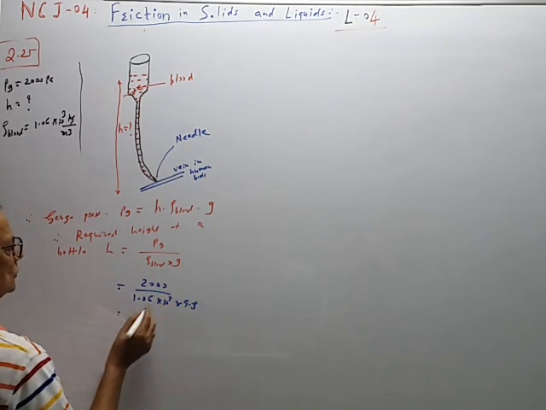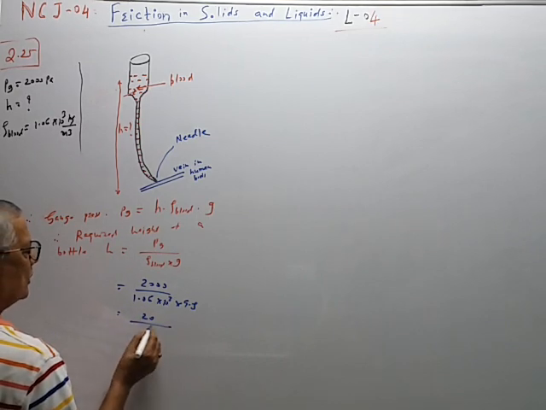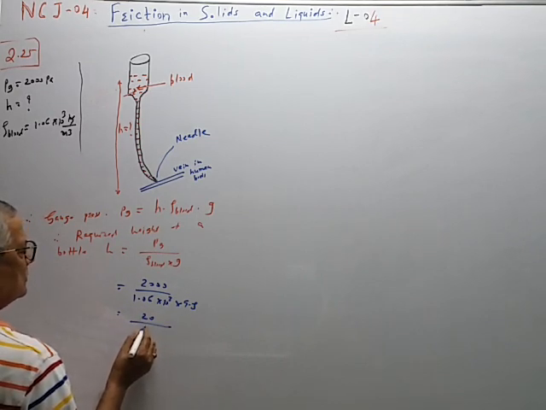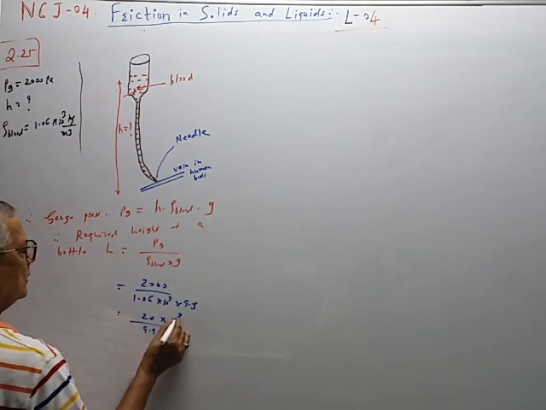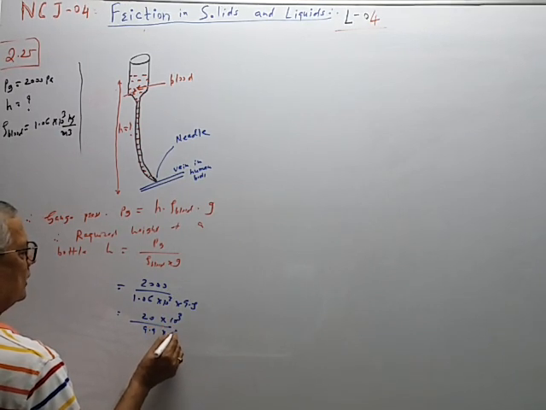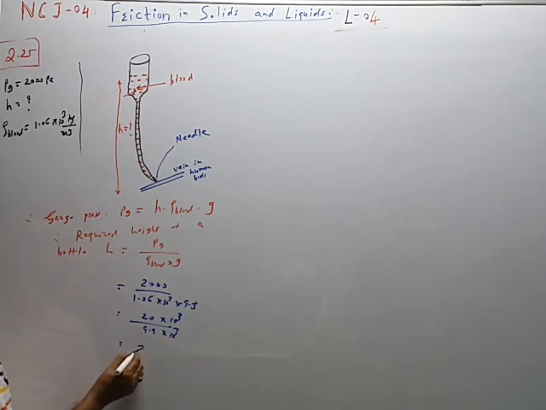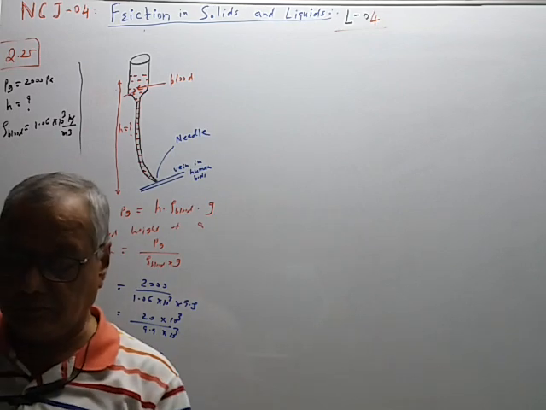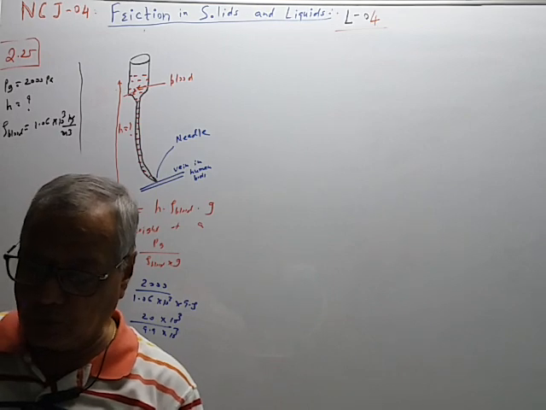So this is nearly 2000 upon 9.9 into 10 raised to 3, and 10 raised to 3 will get cancelled.